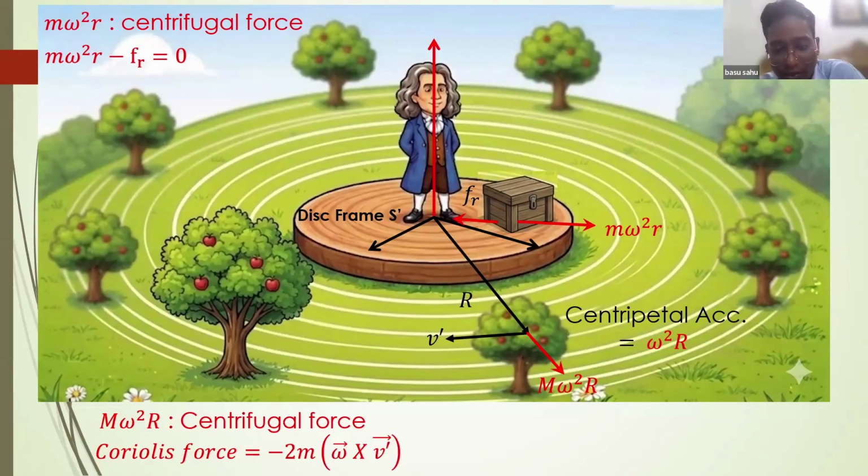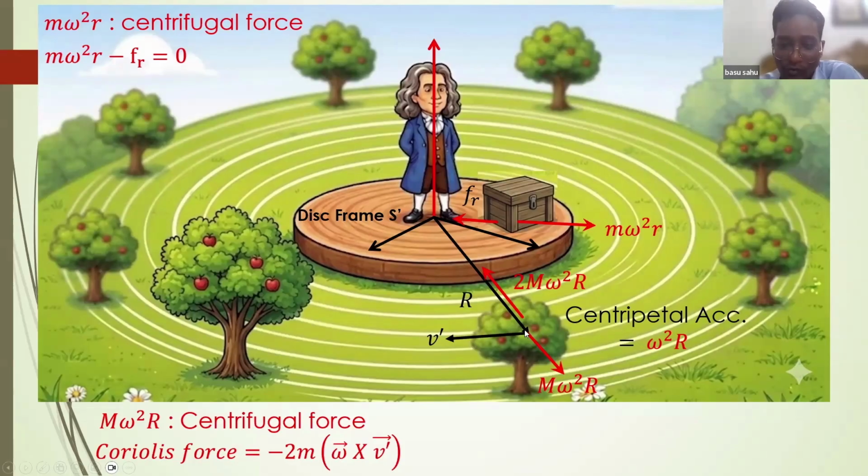V dash is basically tangential and omega is vertical, so the cross product will be in this direction, but the negative sign will reverse it, and the value will be 2m omega square r, because v dash is itself omega r. If it is revolving with angular velocity omega, then v dash will be omega r. Accordingly, this force will be 2m omega square r, and this force is basically the Coriolis force.